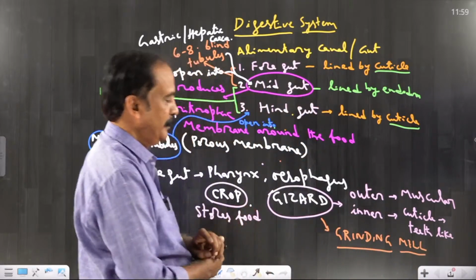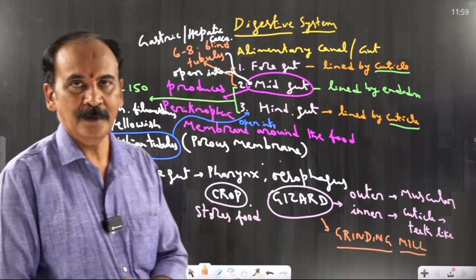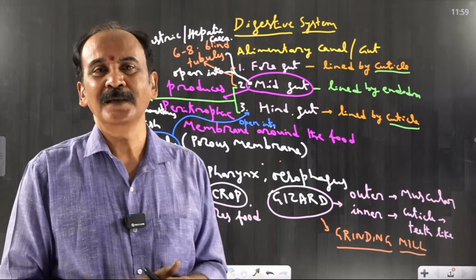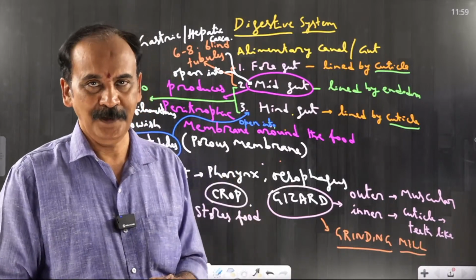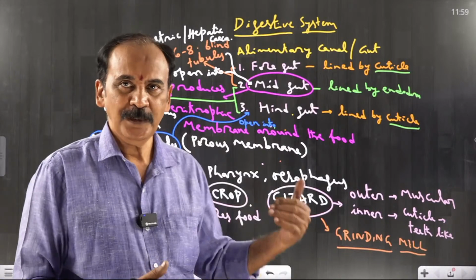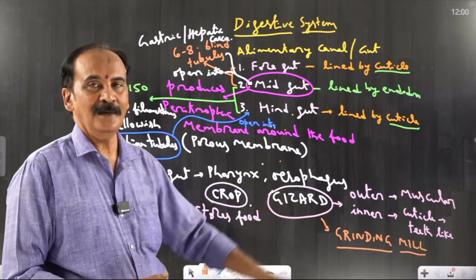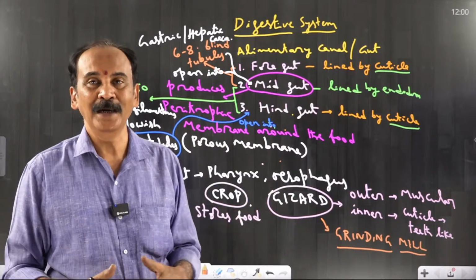Gizzard in cockroach will act as a grinding mill where the muscular and chitinous teeth will be helping in grinding the food material into fine particles. So, foregut is helping in collecting the food material, storing the food material and grinding the food material into fine particles.